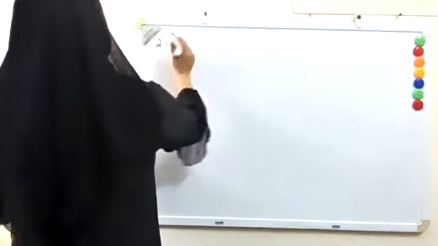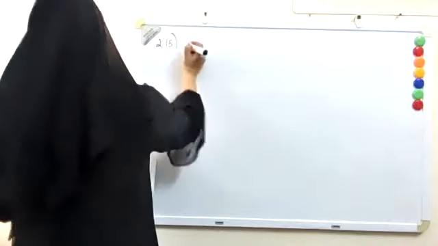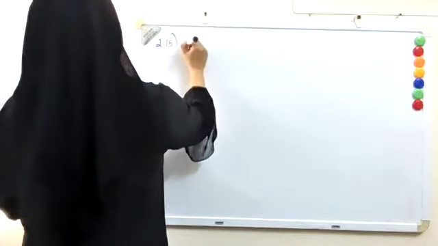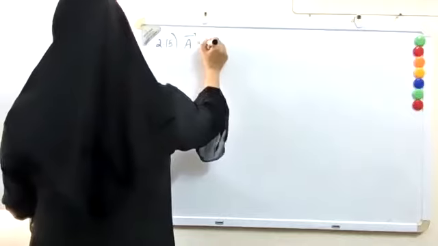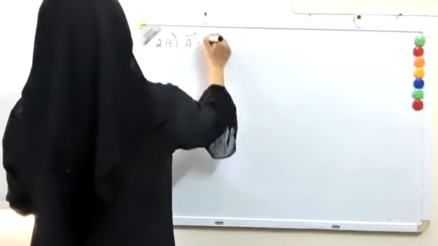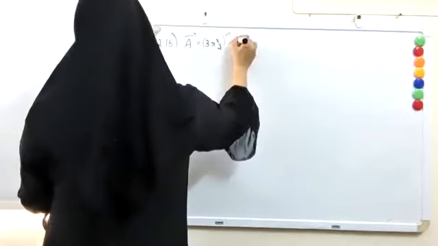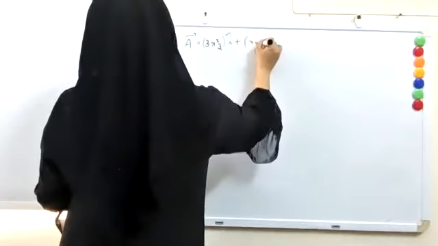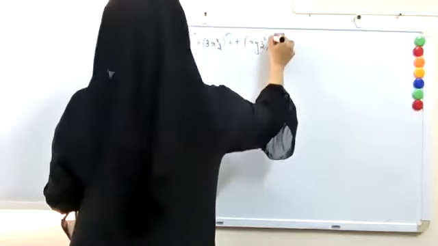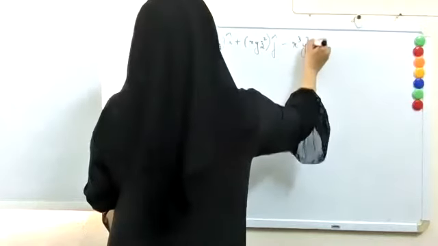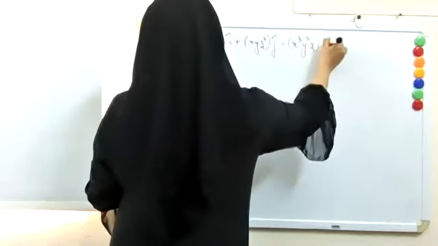Here, this is question 2.15. You have a vector A equal to 3x square z i cap plus x y z square j cap minus x cube y square z k cap.